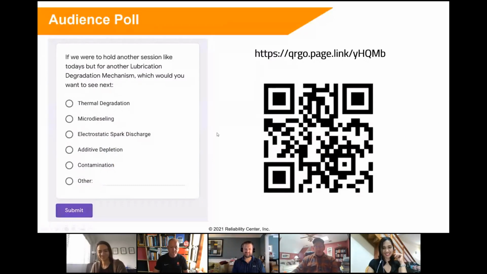So what I'd like to do is say there's a link there, and Heather, if you could please put that link in the chat. If we were to do this again, there are 5 more mechanisms on here. I think I took oxidation out. I'm sorry, I replaced thermal degradation with oxidation. And if we were to do another one, what would be the topic that you would prefer to see?